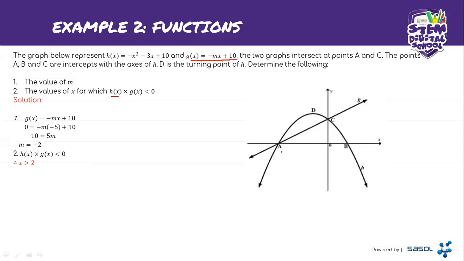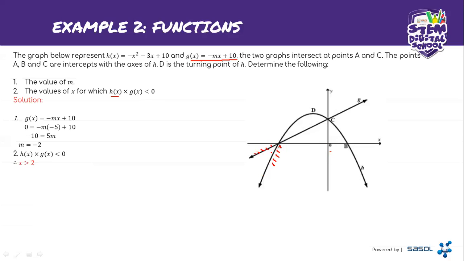Now let's come to this one. We all know that y is negative below the x-axis, right? Remember, y is negative there, meaning this graph of the parabola is negative below the x-axis. The same applies with this straight line. It is negative, right?